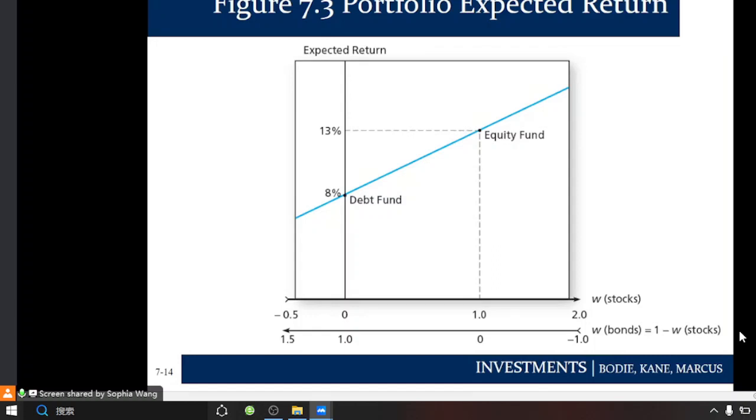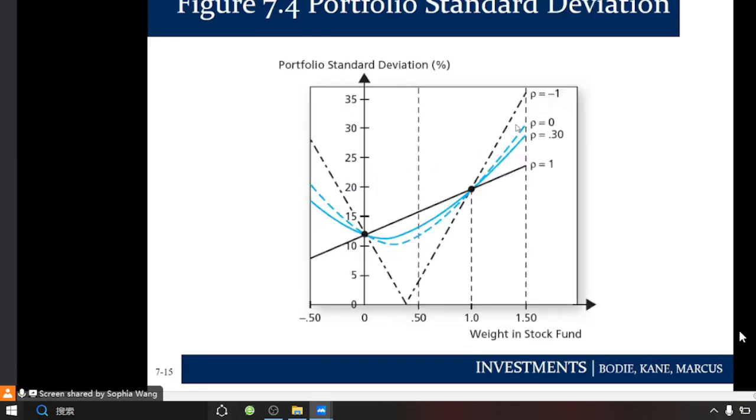So that's why we call it the portfolio expected return as a function of investment proportions. So if we consider this line and also the proportion of the different assets, based on different values of rho, like rho equals 1, -1, 0, 0.3, what will happen?